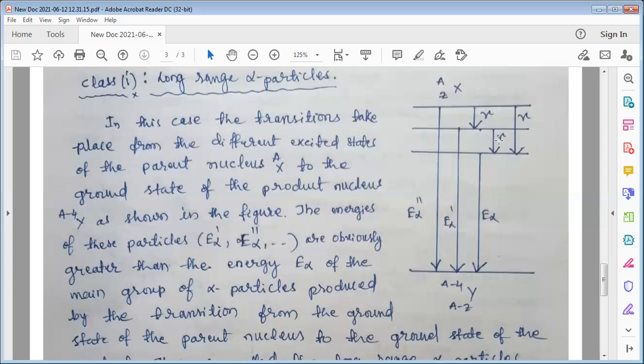So in general, the gamma rays are produced if the parent nucleus is taking transitions within its own energy states in this way.